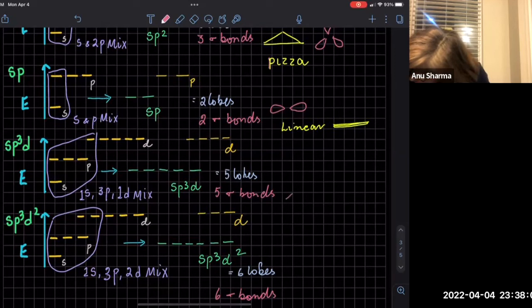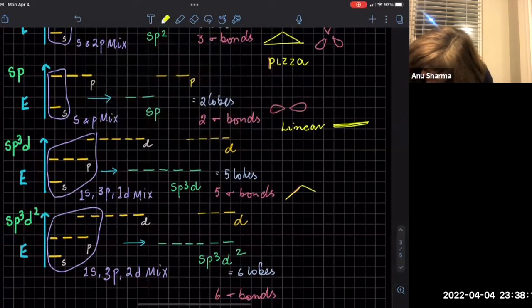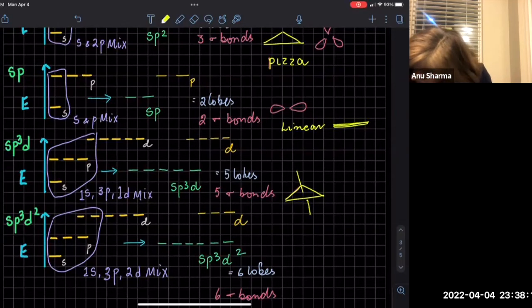So here's the pizza, and you have a skewer that is going in between and coming out like that. So like a skewer piercing the pizza. So that's the shape.